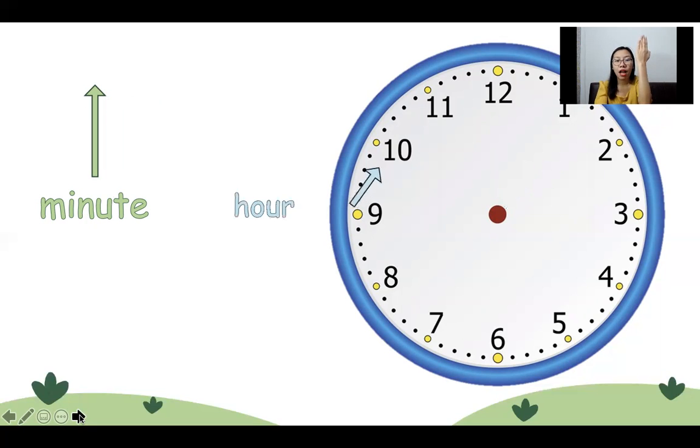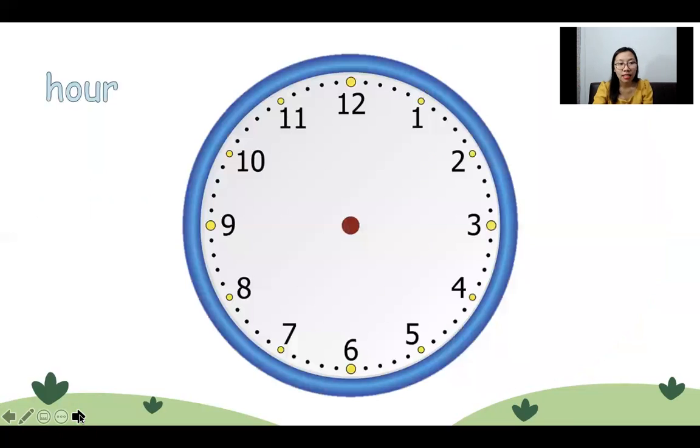And we have the short hand. The short hand says the hour. What is hour? All right, so again, we have the long hand for minute and the short hand for hour.